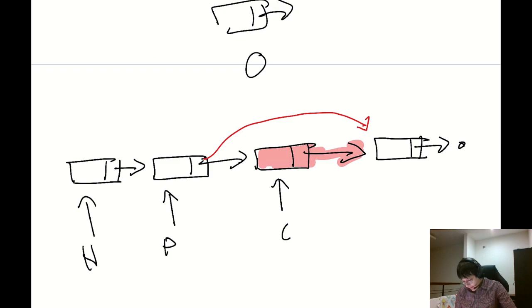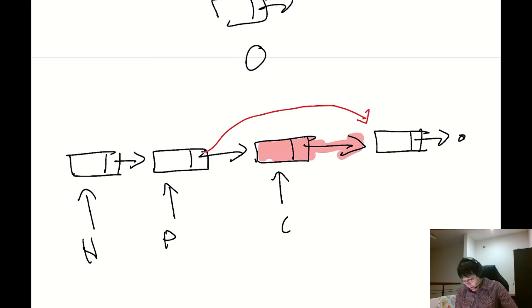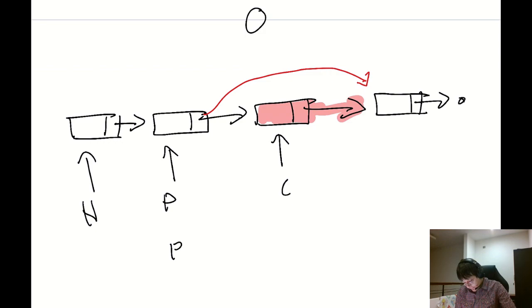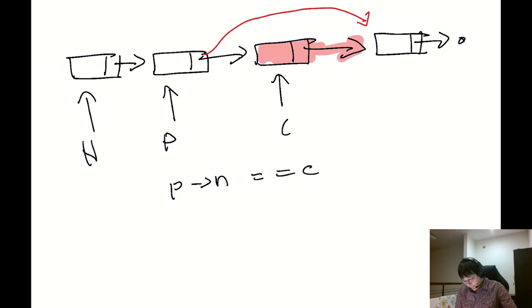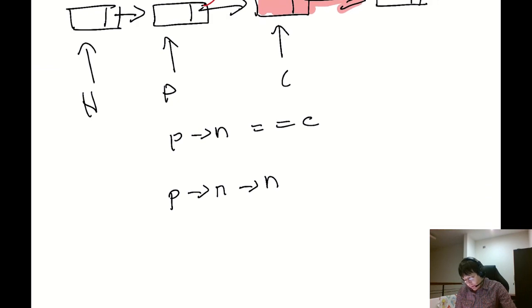So if you think about it, Pn is the name of this. So Pn is right now currently equal to C. And if I do Pn n, because Pn is equal to C, that's the same thing as saying Cn, right?